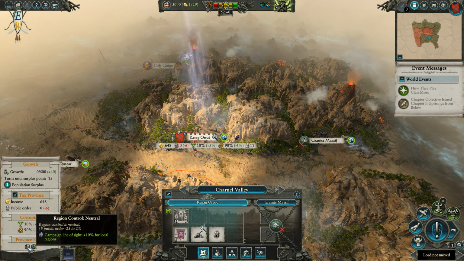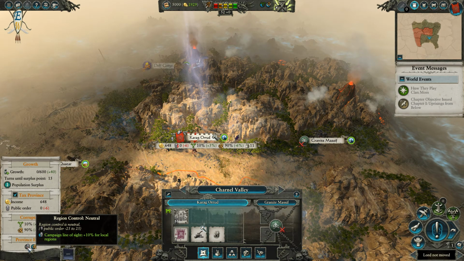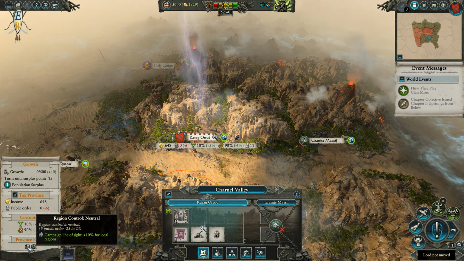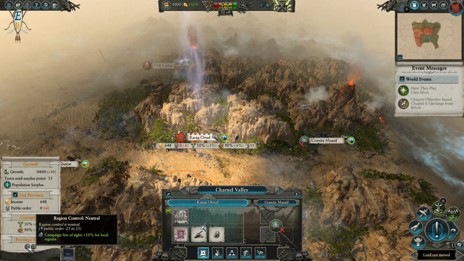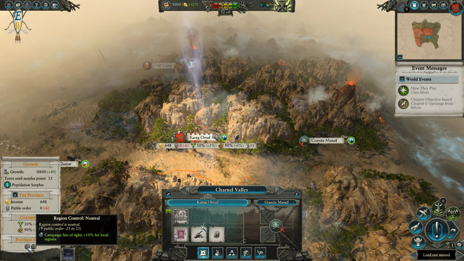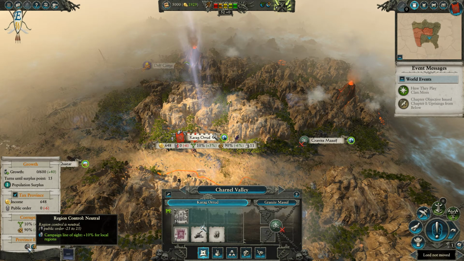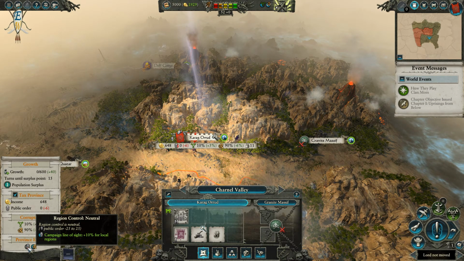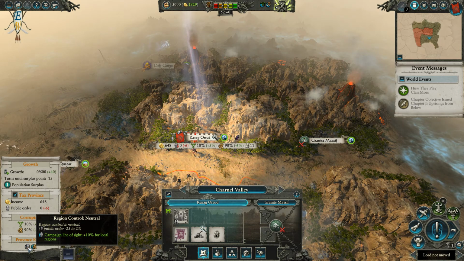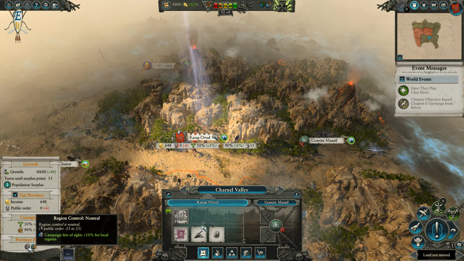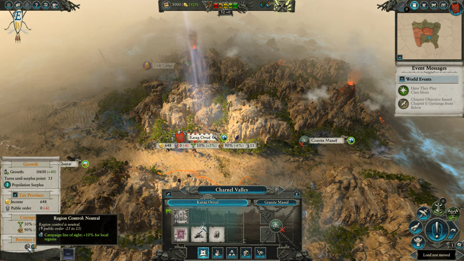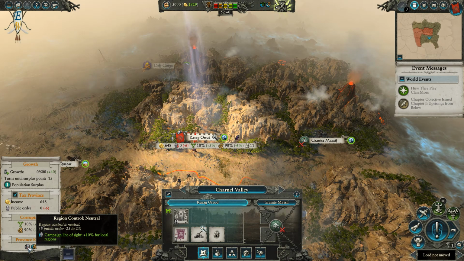And then it goes the other way as well. When it goes into the positive, you get positive things to your growth, recruitment cost, building cost, extra recruitment capacity, but basically you get a negative public order. Again, they don't want you staying at positive public order all the time. Obviously they just want it to be kind of in the middle.